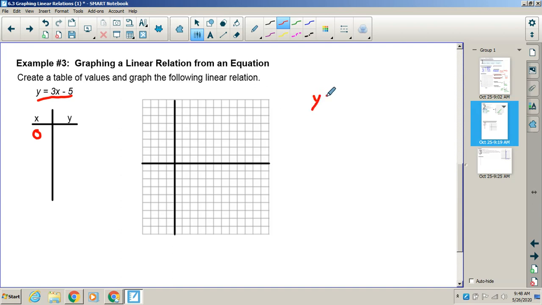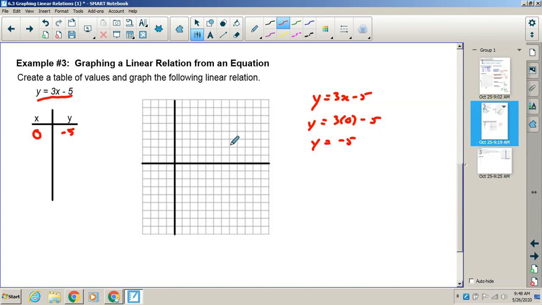So here's my equation, y equals 3x minus 5, and I have an x value of 0. So I have y equals 3 times 0 minus 5. Well, I know that 3 times 0 is 0. 0 minus 5 is negative 5. So when x is 0, my y value is negative 5.